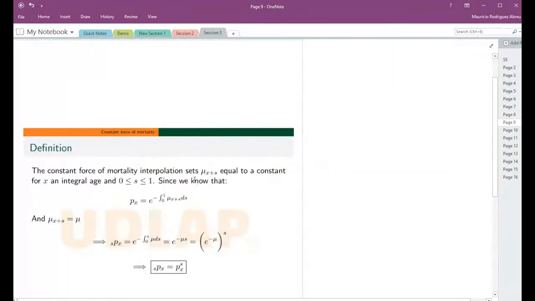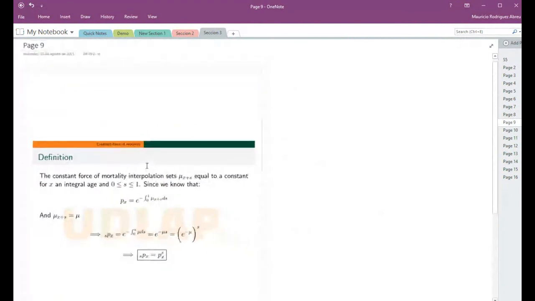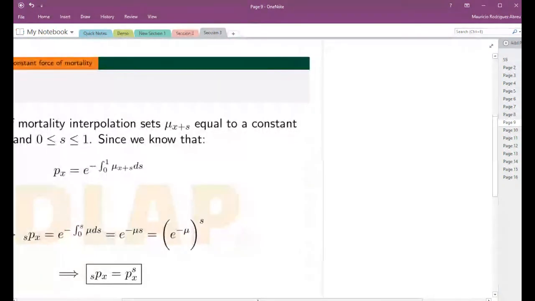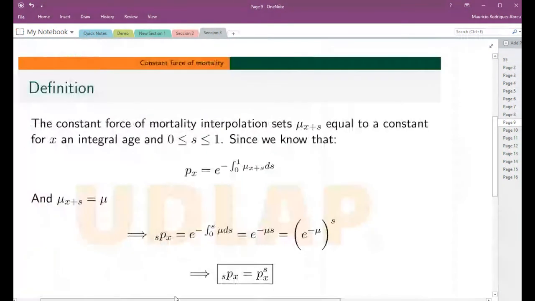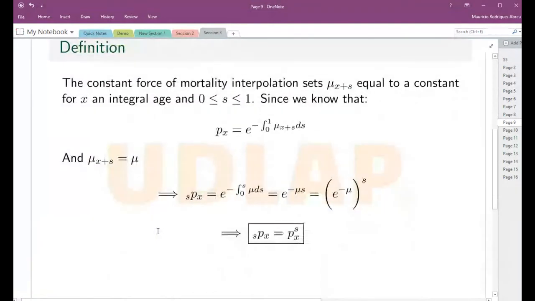Now, the second assumption, and I think I like this one better, though there's no preference between the two, is this: let's say that we don't have a uniform distribution of deaths, but a constant force of mortality in this small interval.